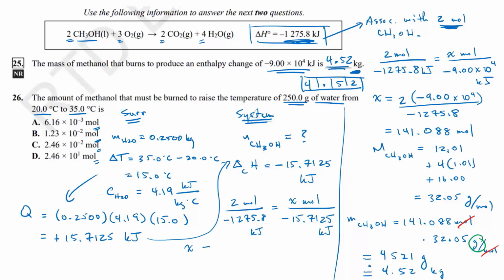Our X is simply going to equal this. And that's going to equal about 2.46 times 10 to the minus 2 moles. And there's our answer, answer C.